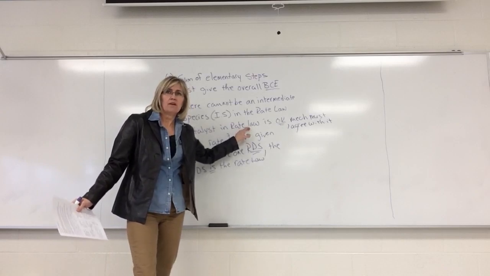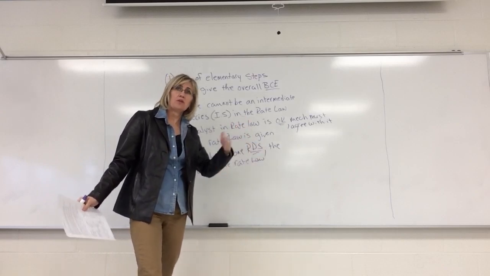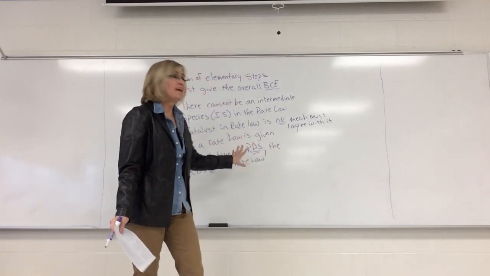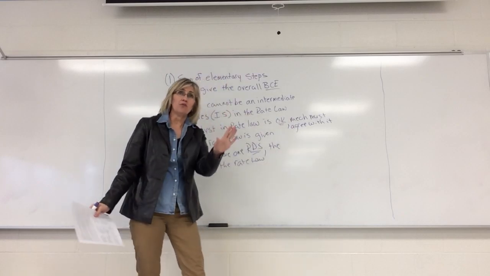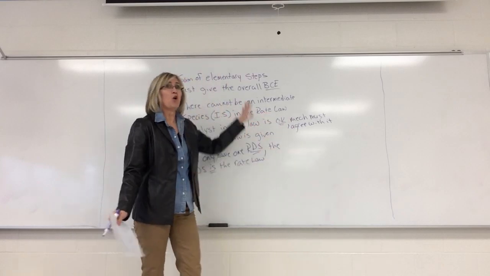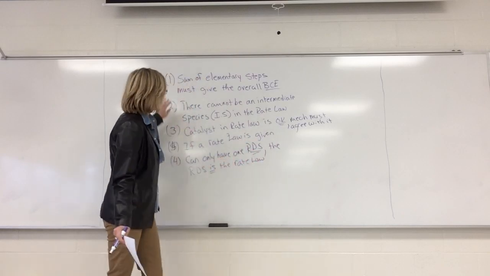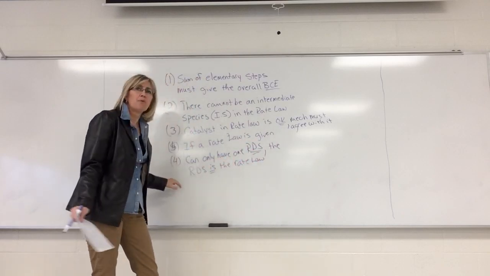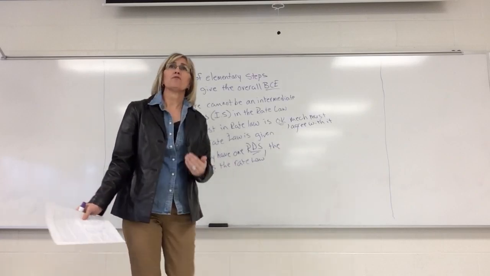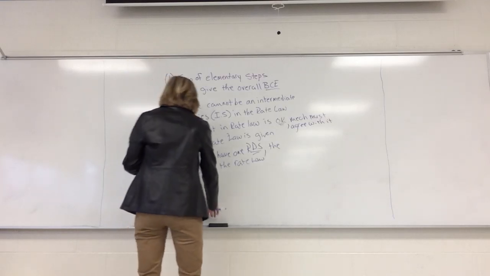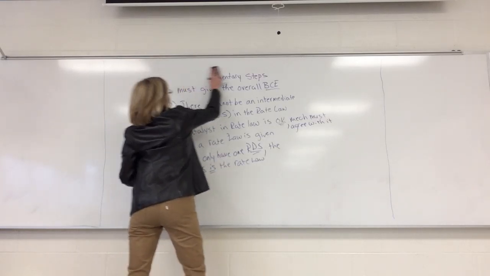A lot of times we'll be using a mechanism to determine a rate law, but then there are times where they'll give you a rate law and ask which would be an acceptable mechanism. So these are the 5 points you need to know for analyzing mechanisms. So let's see how this works.